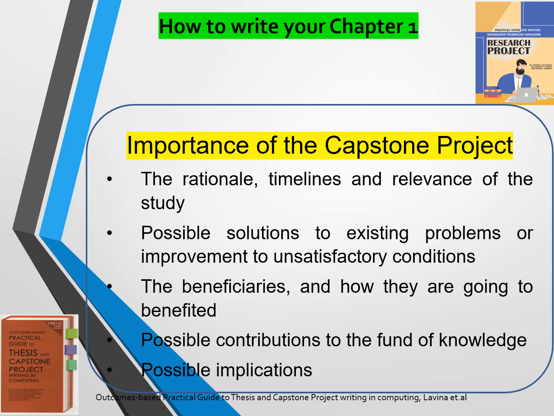After enumerating the project's features and capabilities, the last paragraph should explain the project rationale, timeliness, and relevance, illustrating that it will solve existing problems. Possible beneficiaries as well as implications may also be given, and others.